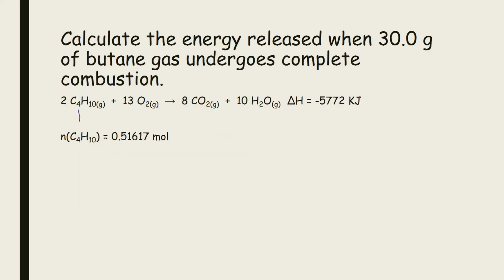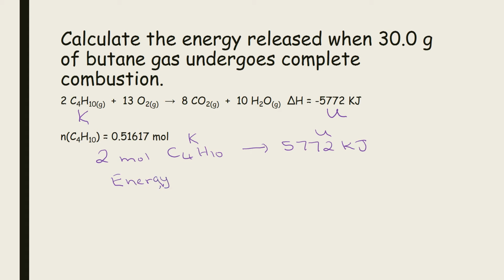Now remember, this is our known and this is our unknown. So you can see here that 2 moles of butane release 5,772 kilojoules of energy. Known, unknown. So when we're calculating our energy, we're going to do it exactly the same way that we did our mole to mole ratio.